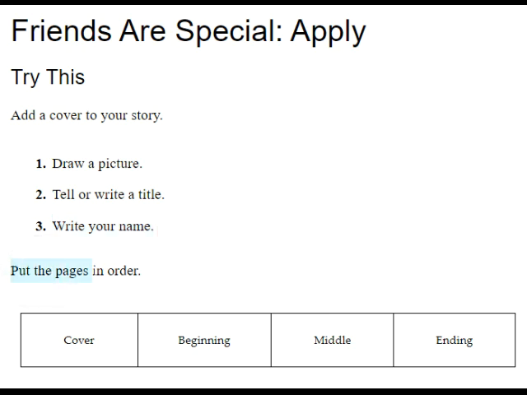Remember, putting the pages in order is really important. The front cover comes first, then the beginning of the story, next the middle of the story, and last the ending of the story. Let me show you an example of what this will look like.